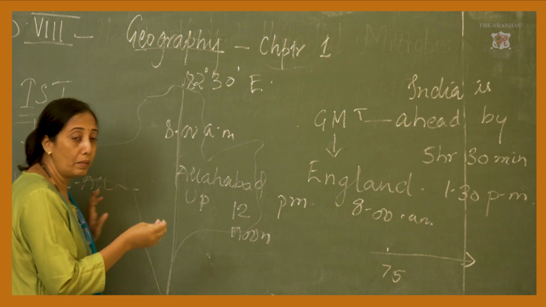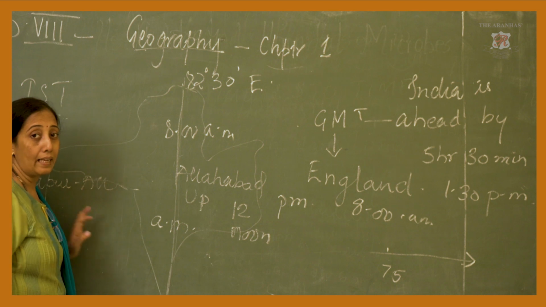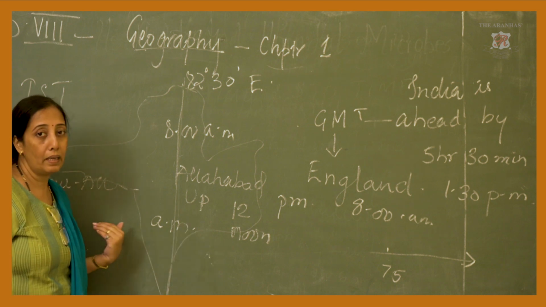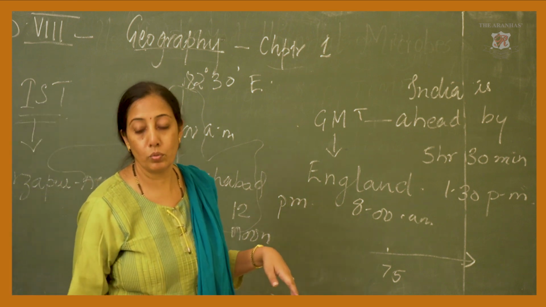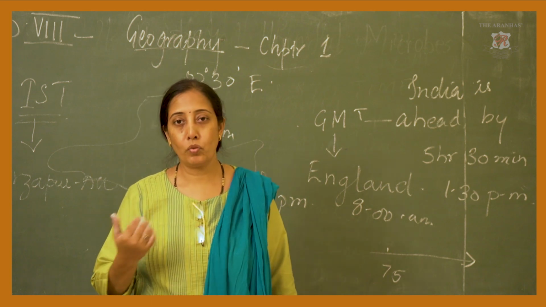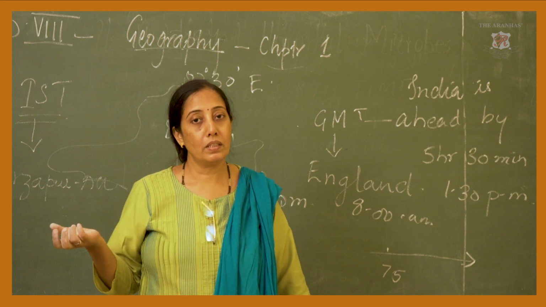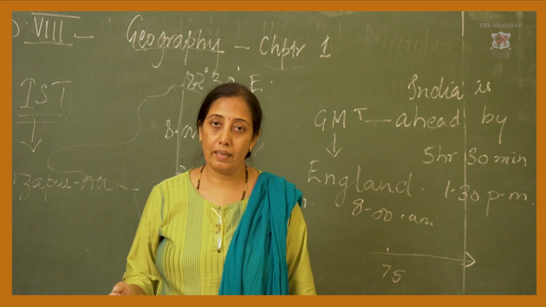And when you are behind the time, you call it AM, that is anti-meridian, because you are behind. That's how you refer to the time. After 12 noon it is PM, before 12 it is AM. That is midnight 12; after that it turns to AM.